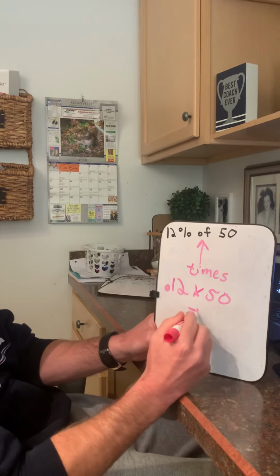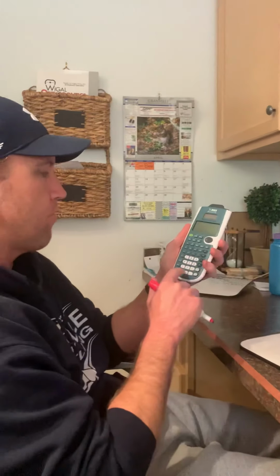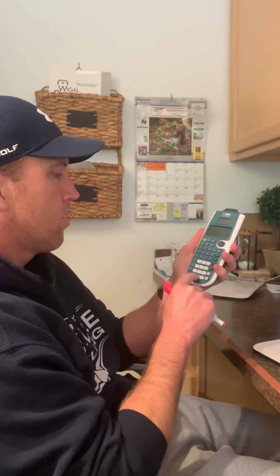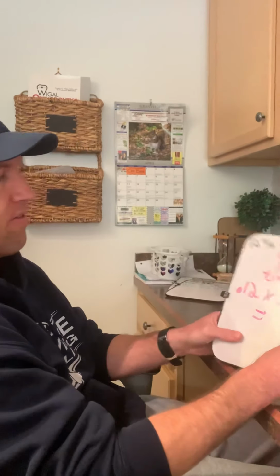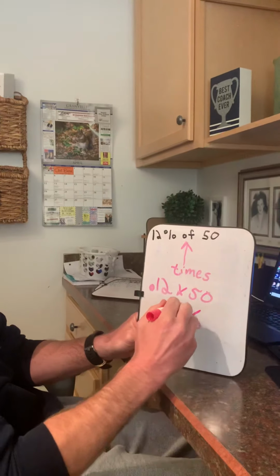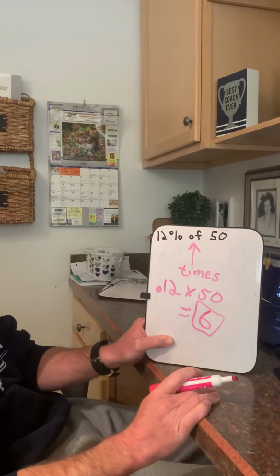Let me grab my calculator and see what 0.12 times 50 is. That gives me 6. So what is 12% of 50? The answer is 6. There's a problem like that tomorrow.